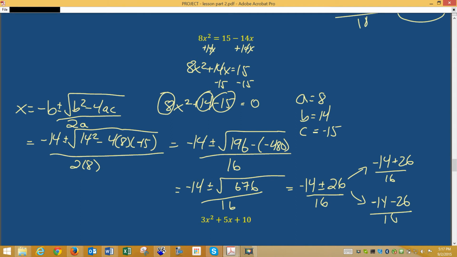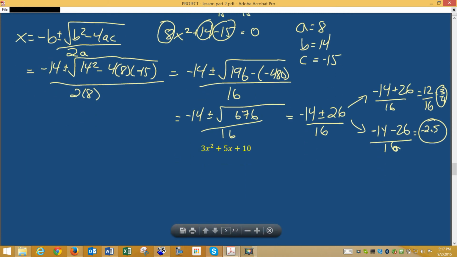And working that out, negative 14 plus 26, that's going to be 12 over 16. And negative 14 minus 26 over 16 is going to be, let's see, negative. Okay, so that equals negative 2.5. And this one you can simplify to 3/4. Or you can give me the decimal as 0.75. Either is fine. So those are the two solutions for that question.